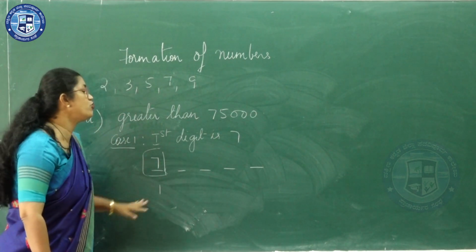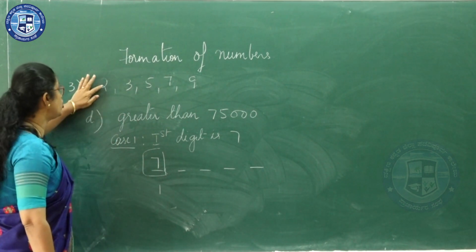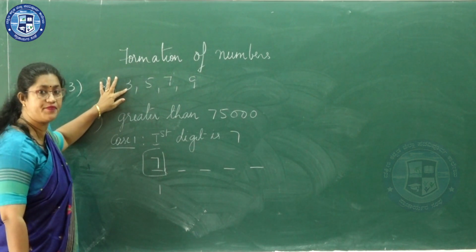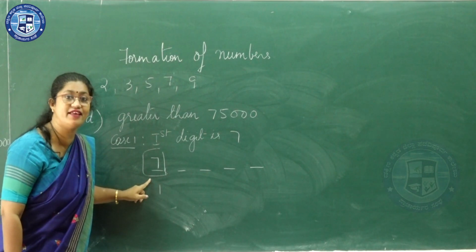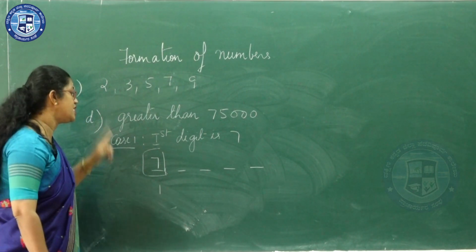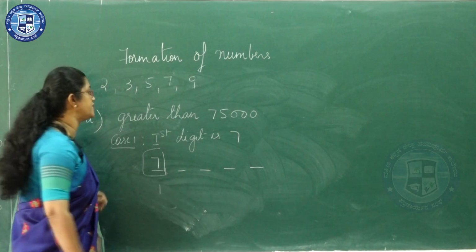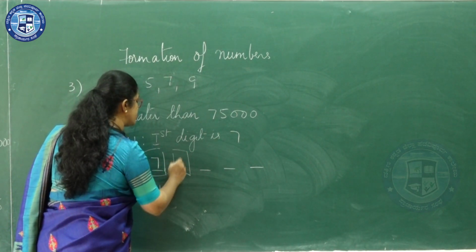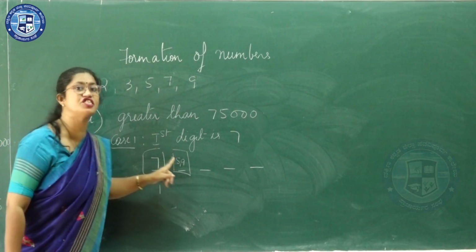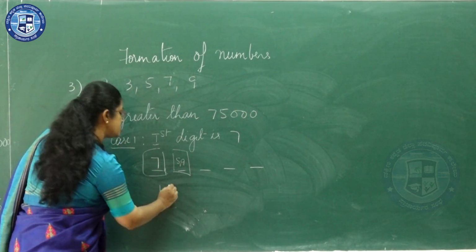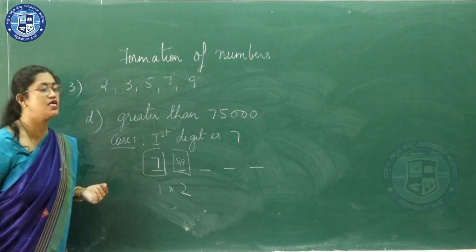If it has to be more than 75,000, I cannot put 2, I cannot put 3. I can put 5, 7 or 9, but 7 is already there and I cannot repeat the digits. That is why I cannot put 7 here. So the choices I have for this place are 5 and 9. So this had a restriction and this had a restriction. This can be filled in two ways.